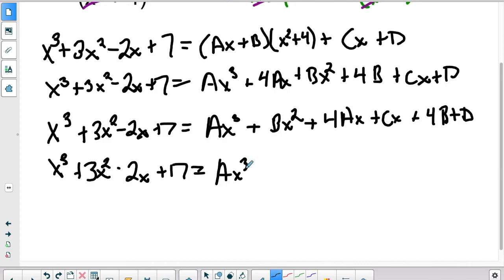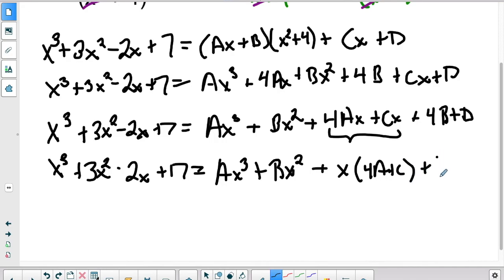Now ax cubed is by itself, bx squared, only term with x squared. Now these two both have an x term, so I'll factor that out, leaving us with 4a plus c, plus 4b plus d. I'll just put parentheses around this here.